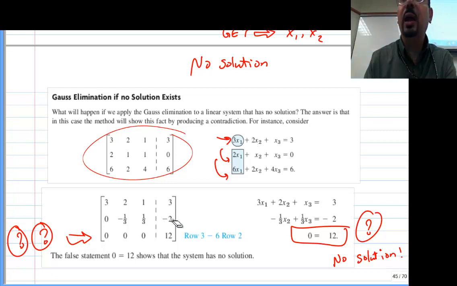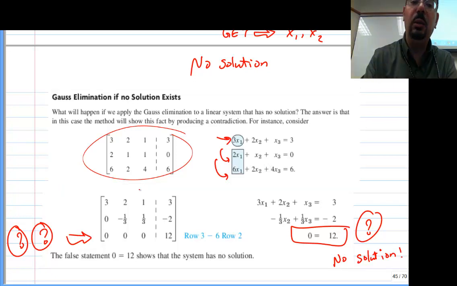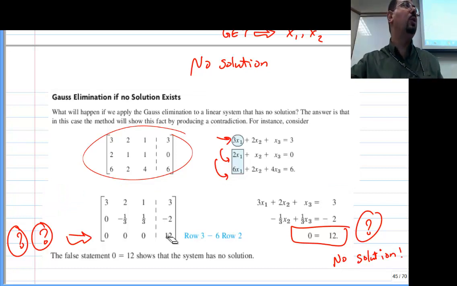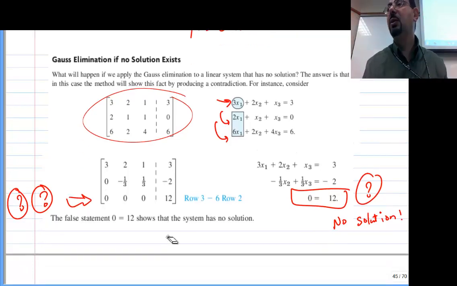In his process of eliminating those guys, he didn't even go to the second row. He was supposed to come up with this and zero it under it, but he didn't have to do this, because the moment he did this, the third row turned out to be 0, 0, 0 equals 12. So obviously no solution.